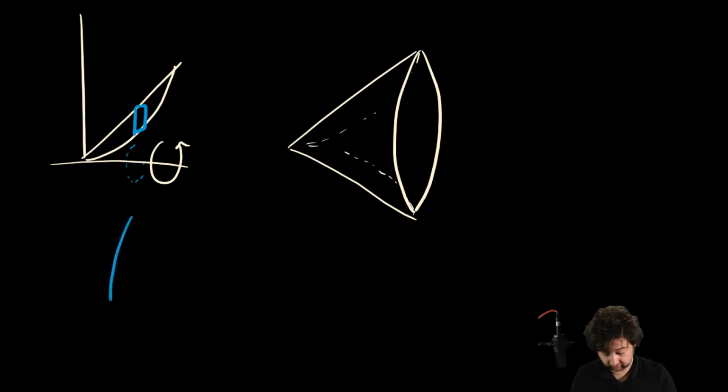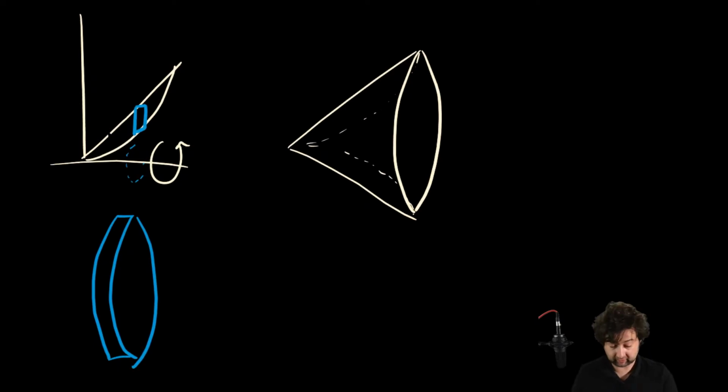Well, you're going to get the outside curve, which was determined by y equals x. And the inside curve right here determines the inside of the rectangle. That's going to be what gives you the inside of the washer. So the idea here is that the volume of this solid is equal to the big washer minus the hole that's been punched out.